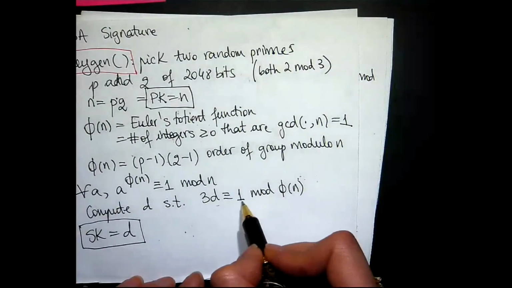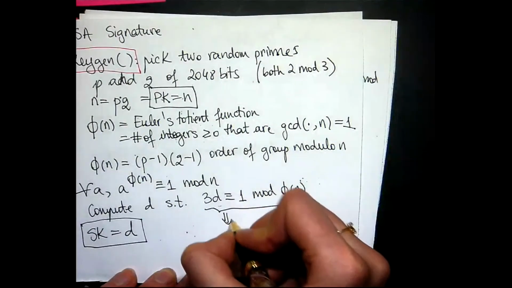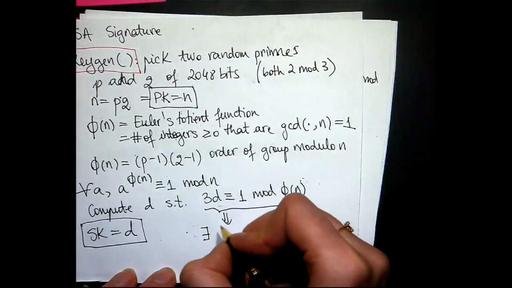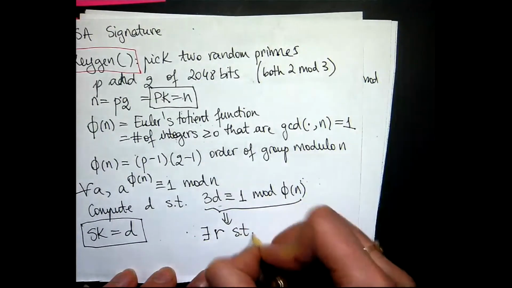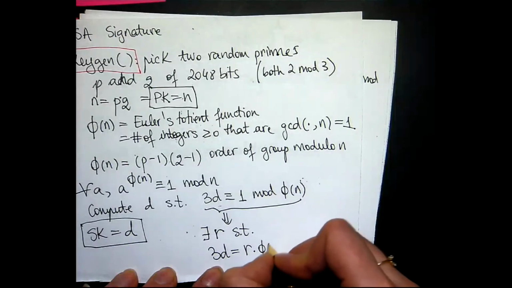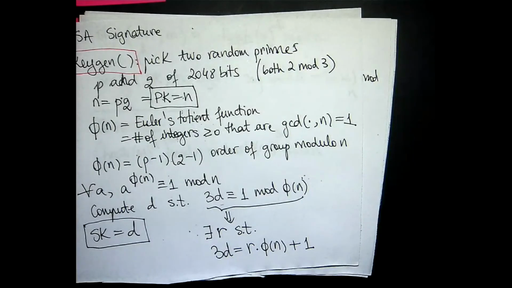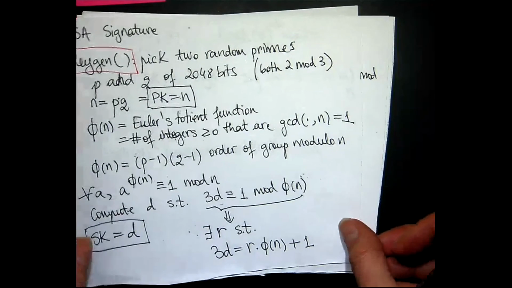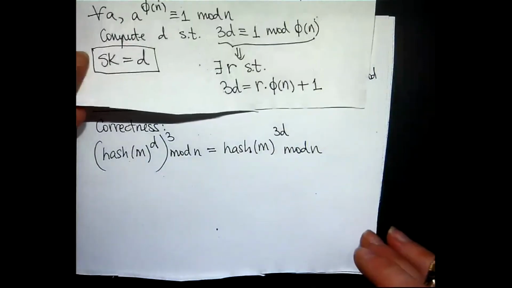Now, let's take a look here. We know that 3D is 1 modulo phi of N. What this means is that there exists some integer, I'm going to call it R, such that 3D is equal to R times phi of N plus 1. Now I'm going to plug in this value for 3D.